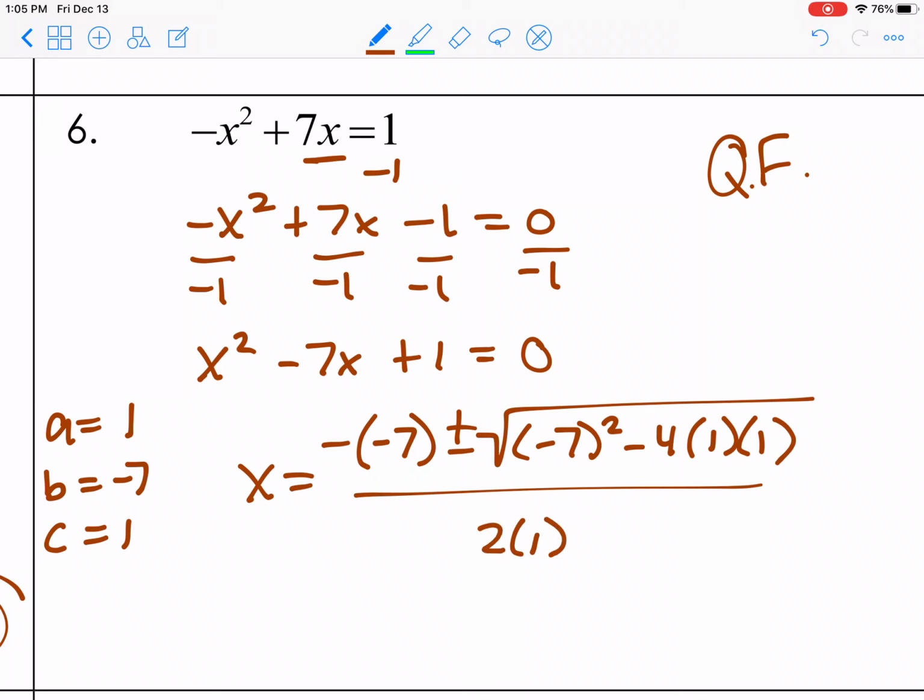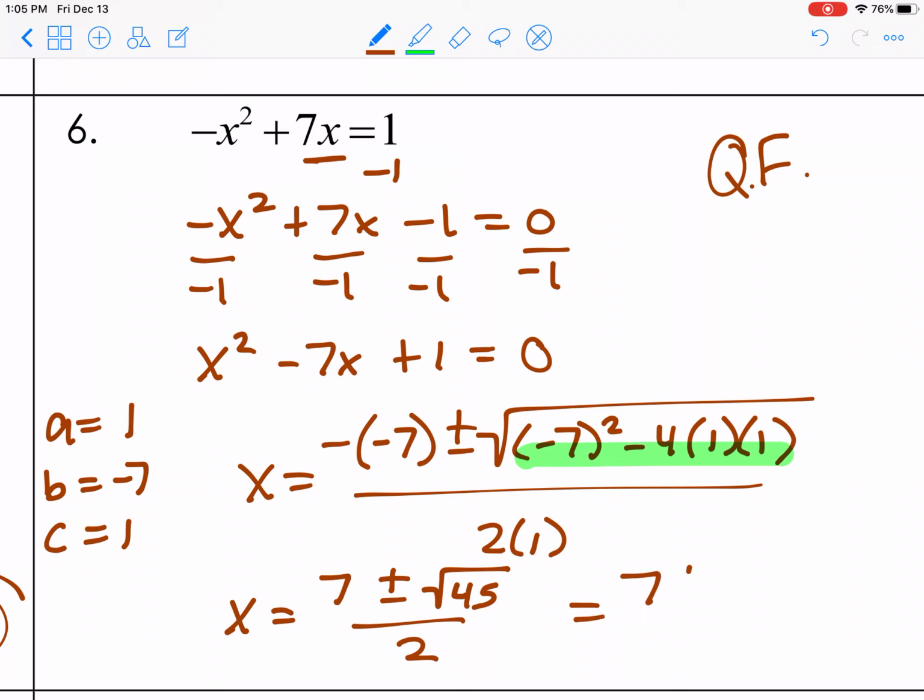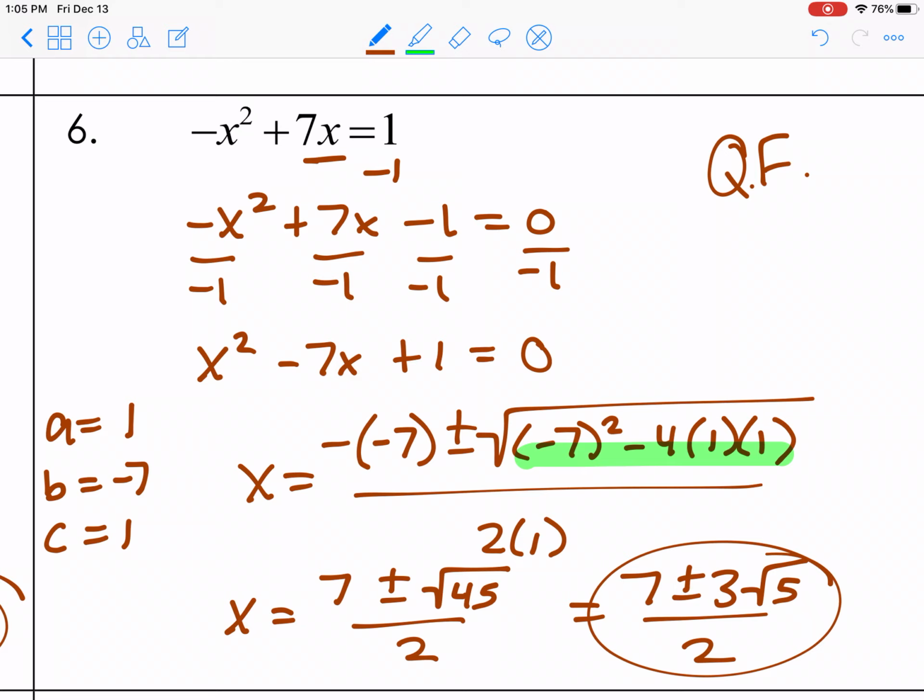Okay, I'm going to work on finding just the discriminant, these numbers right here, and it's going to end up being 45. So we get x equals 7 minus negative 7 is 7 plus or minus the square root of 45 all over 2. 45 divides into 9 and 5, so I can rewrite that as 7 plus or minus 3 root 5 all over 2, and that's the end.